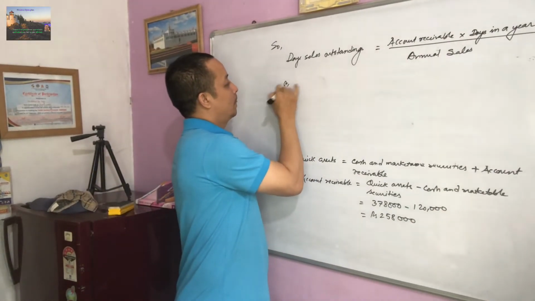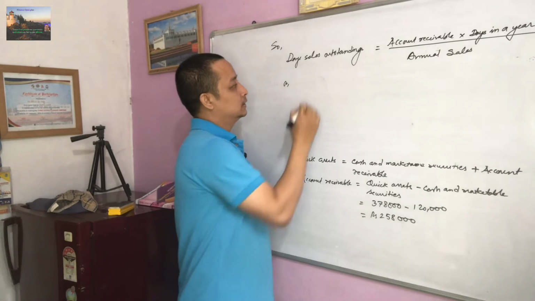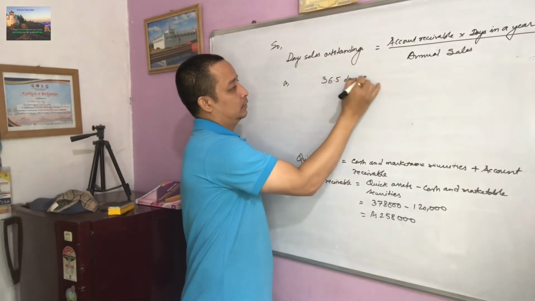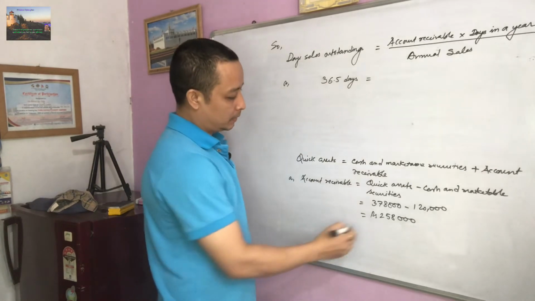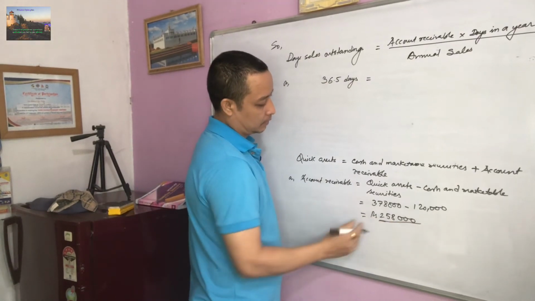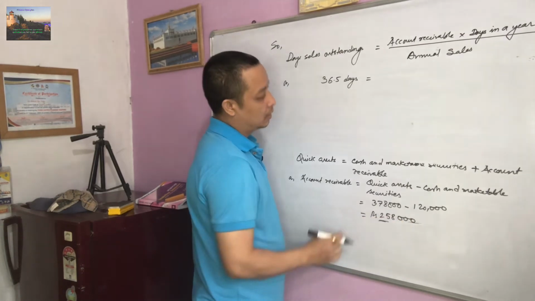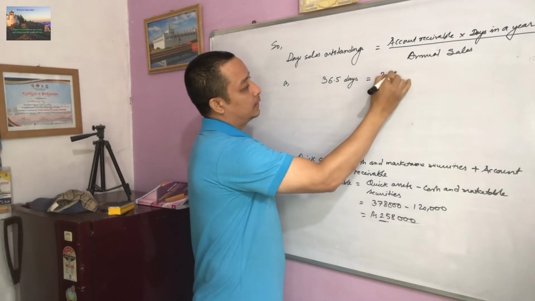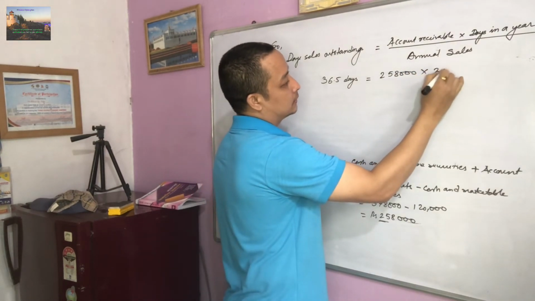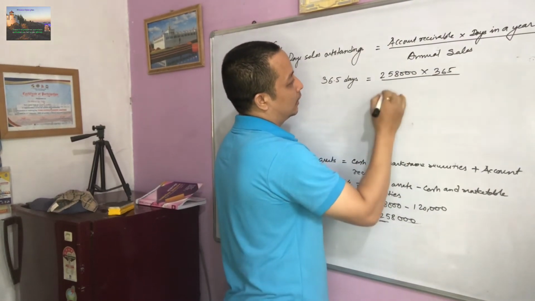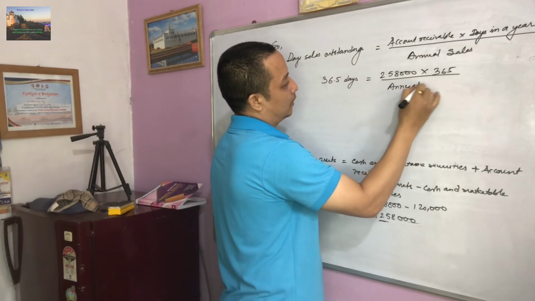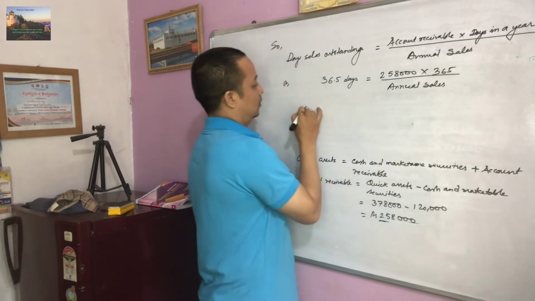So now days sales outstanding is given 36.5 days in your question. Account receivable, you have found the account receivable here, 2,58,000, days in a year, 365 days, and then now we have to find annual sales.